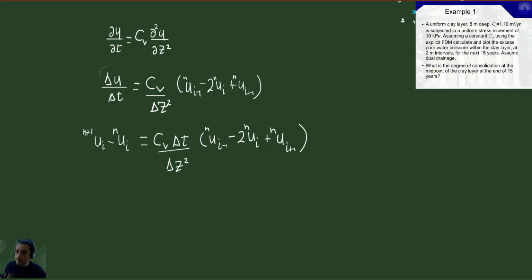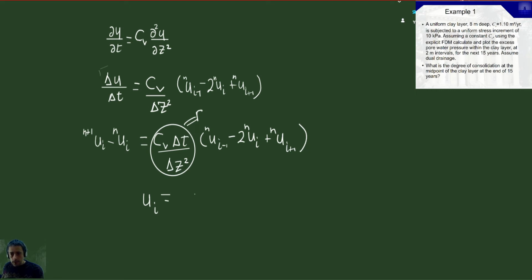Okay, so we have now established our basic equation. So to calculate our next pore pressure at time n plus 1, we can just isolate that term. And let's also convert this into a constant. We'll call it r.